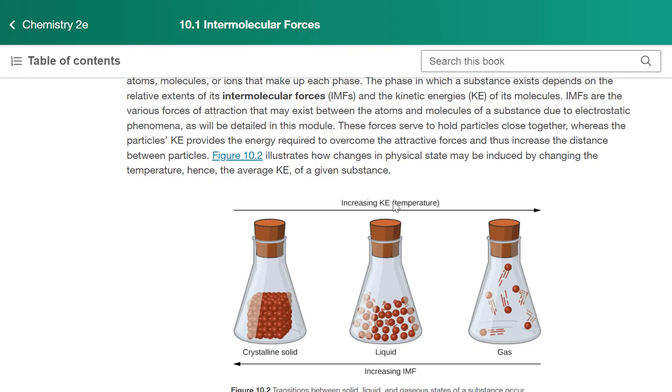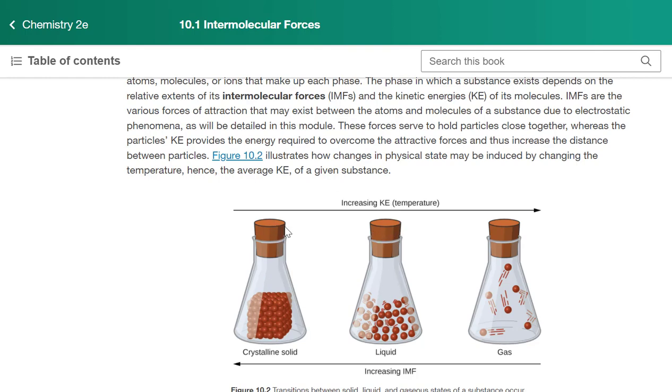As we increase the temperature, we're increasing the tendency to move around, and that is within each of these. Within a solid, as you increase temperature, you have more vibration going on. Same thing with the liquid, more movement of the particles as you increase the temperature.